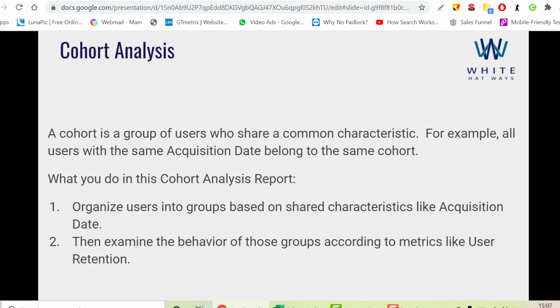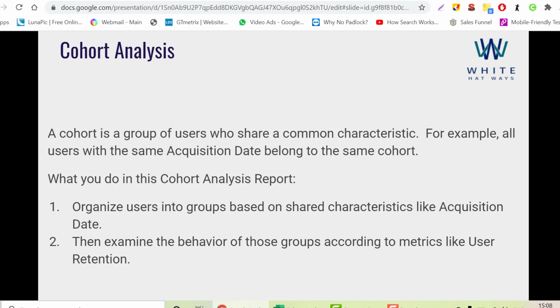Then what it says is, what you do in this cohort analysis report. So what we are going to do actually is what it explains. We organize the users into groups based upon shared characteristics like acquisition date. So first of all, we are going to filter all those users who are visiting my website based upon this particular acquisition date, and we would be naming it as day 0.